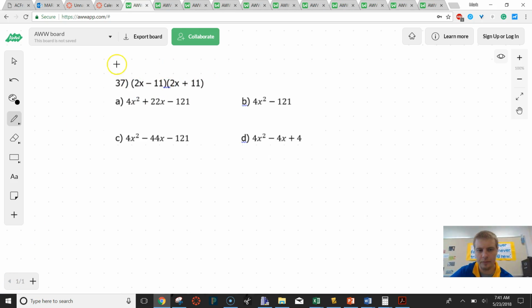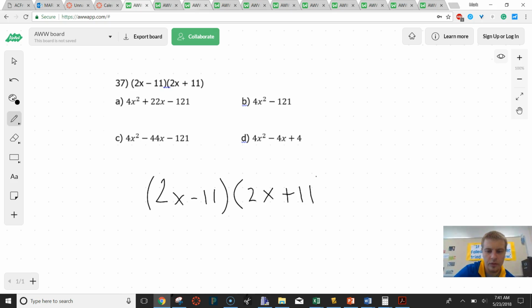Okay, for this problem, it's again like the first one, where we're just going to FOIL through. I'm going to write this out so it makes it a little bit easier for me to FOIL. But when we FOIL through, we're just going to multiply and see what happens. We should always get 4 terms, and we'll see what those 4 terms are.